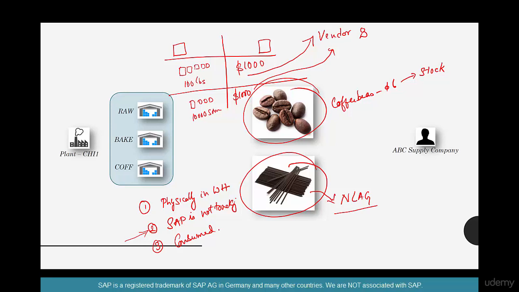All right. Now, when SAP is not tracking it, that means that it is off the books. And when something goes off the books, it has to be either consumed or damaged. When I mean consumed, there are many possibilities. A shop that requires coffee stirrers could consume it.